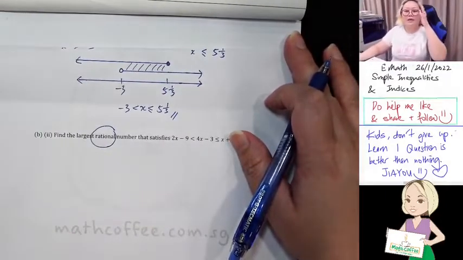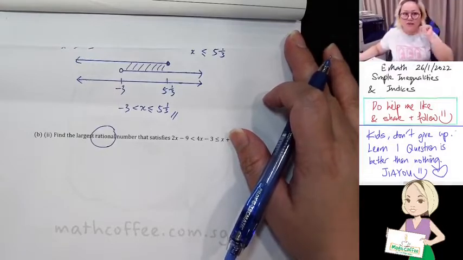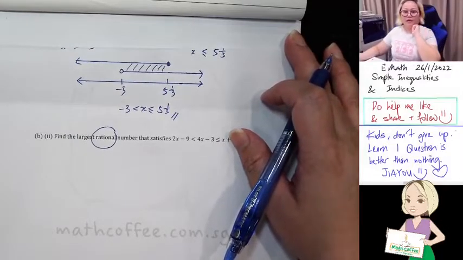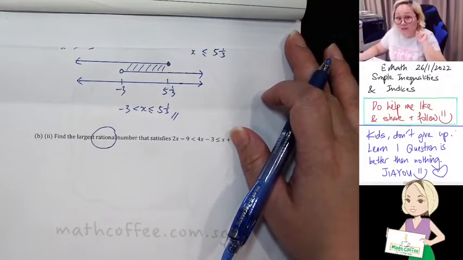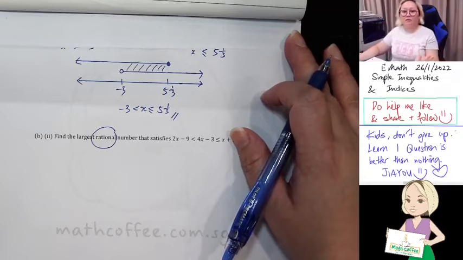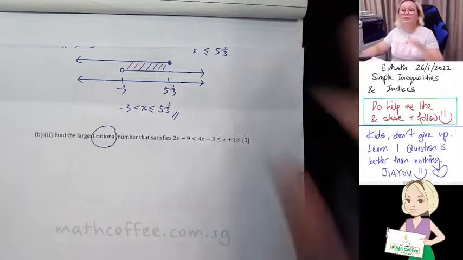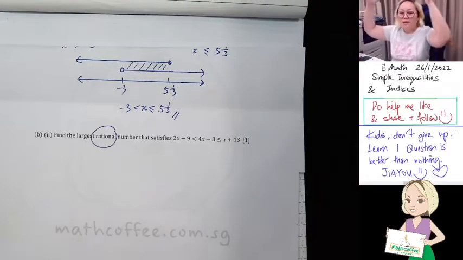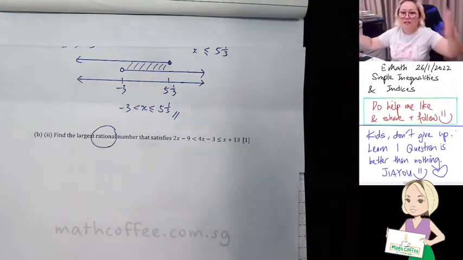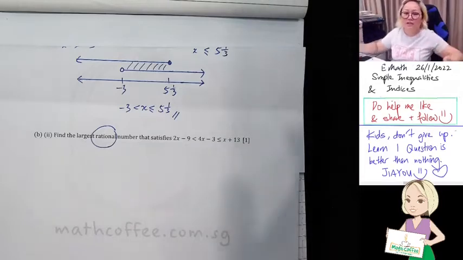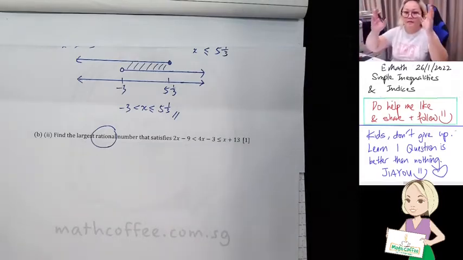Fraction is a rational number. Recurring decimal is also rational. Whole number is also rational. No, rational is not real numbers. Real numbers is a big family. Below real numbers there's a lot: integer, whole number, rational, irrational, all under real numbers. Understand?